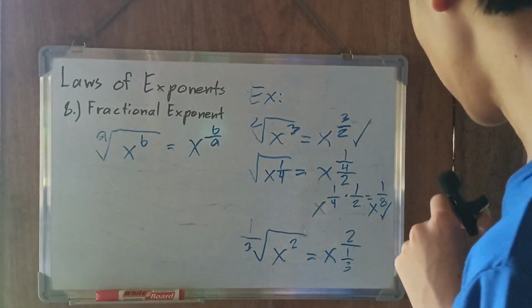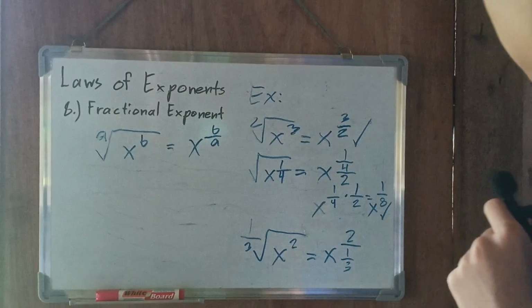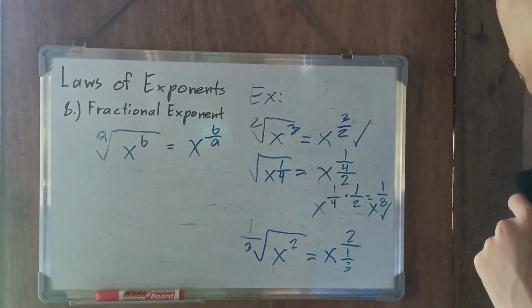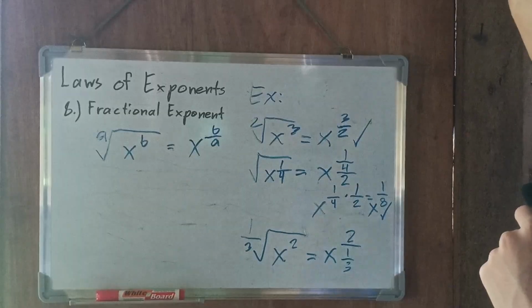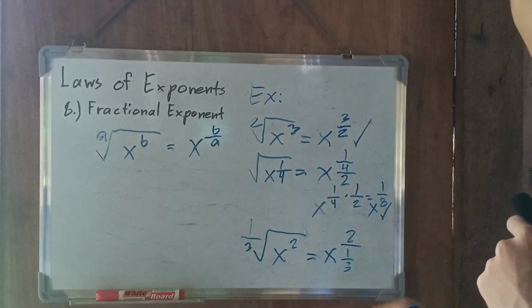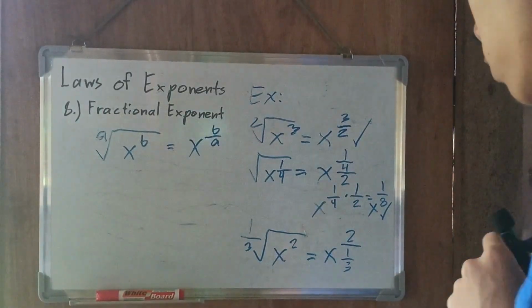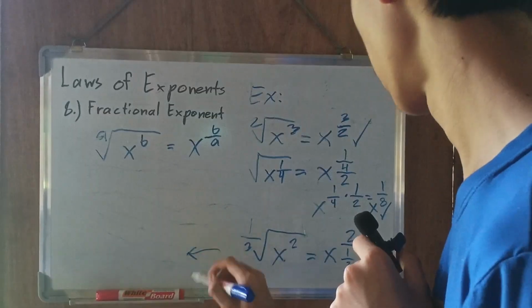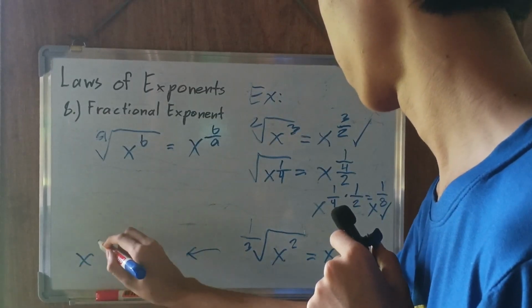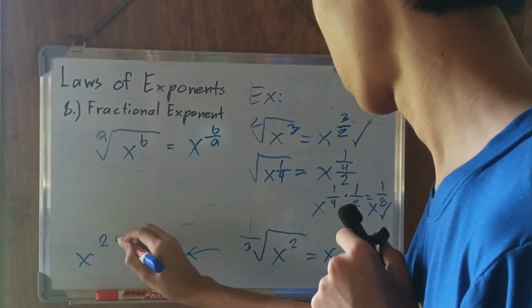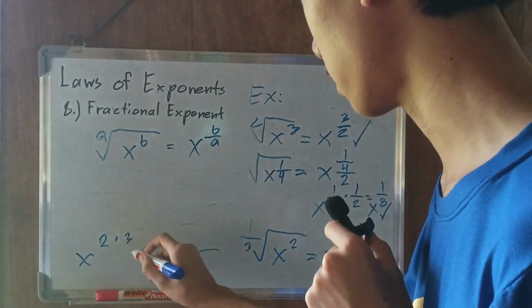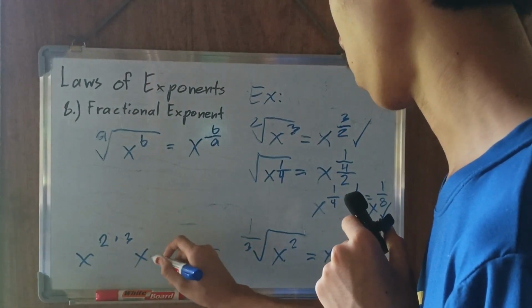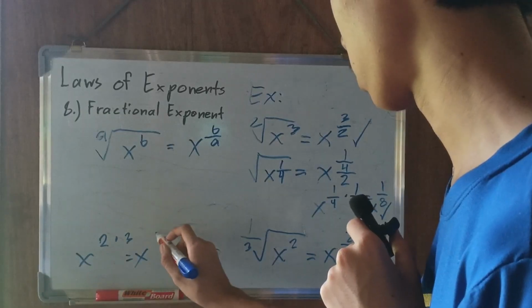Now the reciprocal of 1/3 is 3. That means that x is equal to x to the 6.